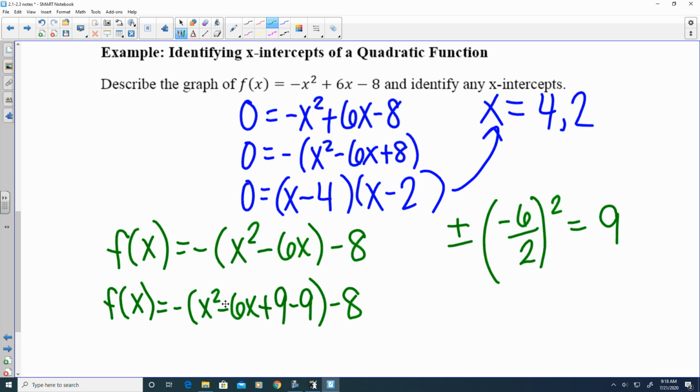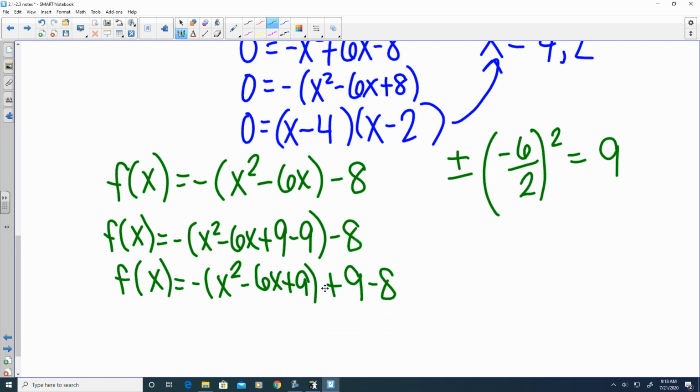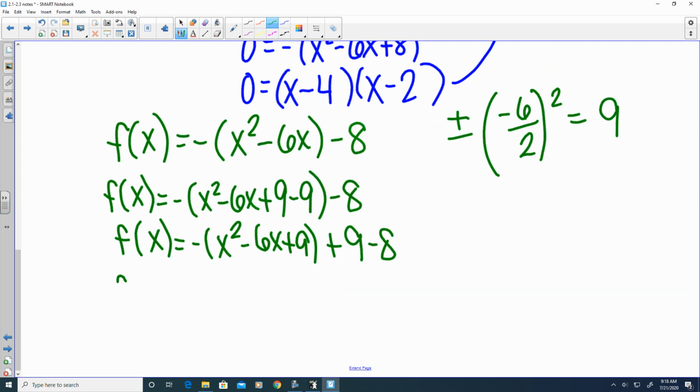Kick out the -9 and distribute that negative to it when you kick it out. So it becomes +9 on the outside. And this factors then, that's the point of completing the square, becomes x minus 3 squared.